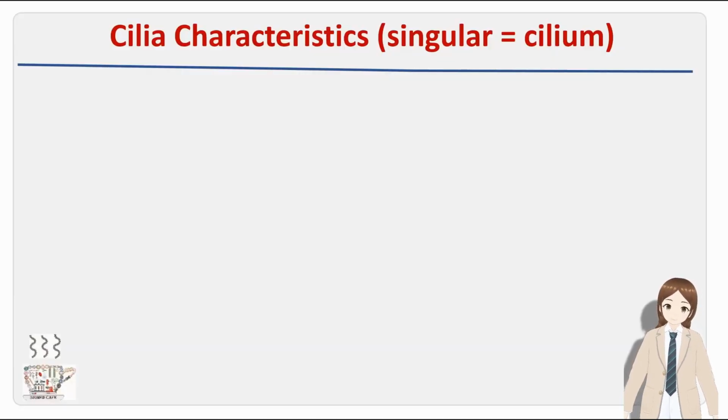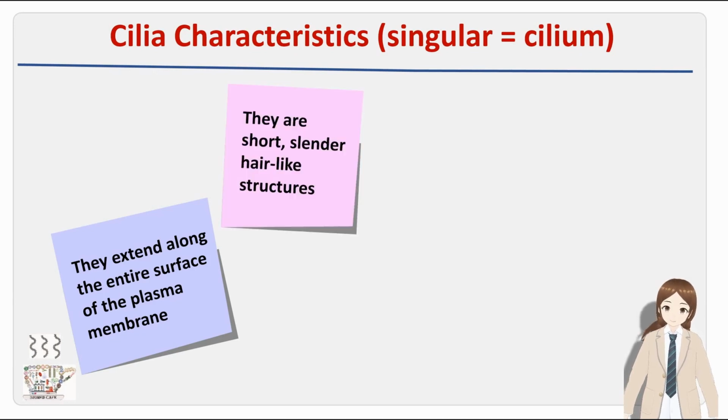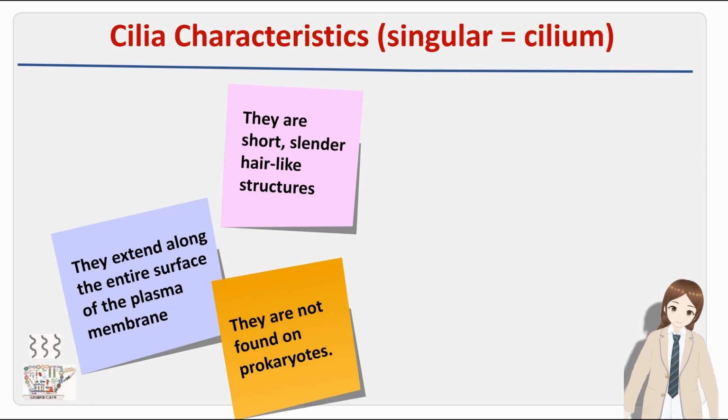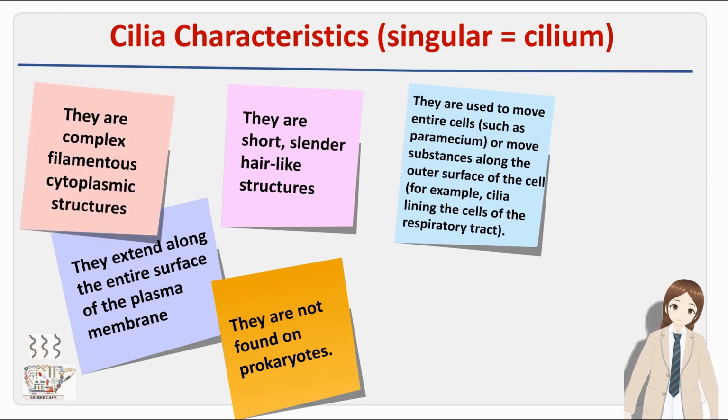Cilia characteristics. They extend along the entire surface of the plasma membrane. They are short, slender hair-like structures. They are not found on prokaryotes. They are used to move entire cells, such as paramecium, or move substance along the outer surface of the cell, for example, cilia lining the cells of the respiratory tract.